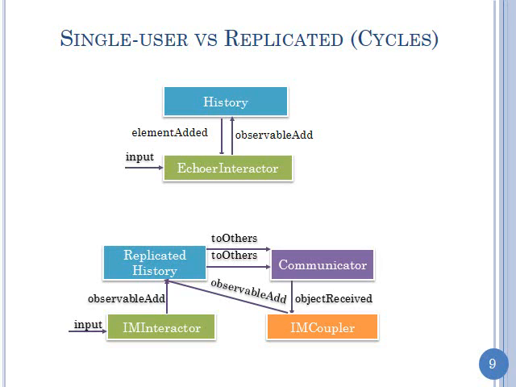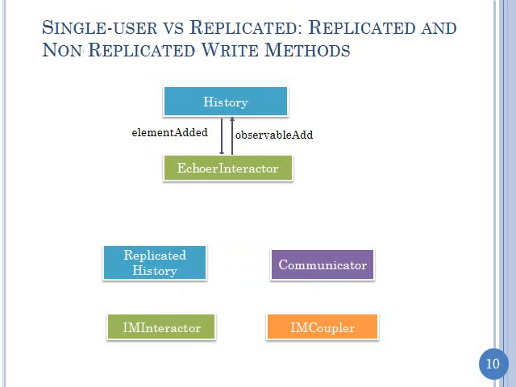So the interactor is really not doing an observable add, it's doing a replicated observable add. We know it's a replicated operation, and so it sends it to others, it does two others on the communicator.